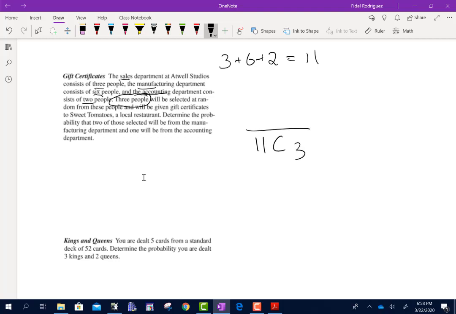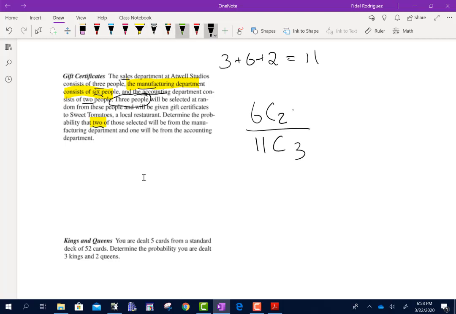Okay, look what it says. Determine the probability that 2 will be from the manufacturing department. Okay, so the manufacturing department has 6 people. And we want 2 of them coming from manufacturing. So we're going to say 6 choose 2.